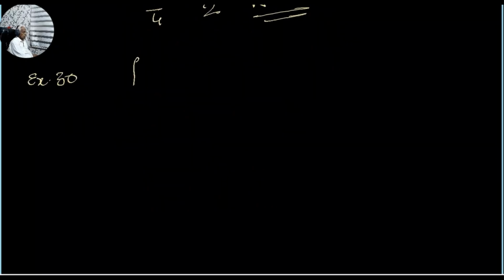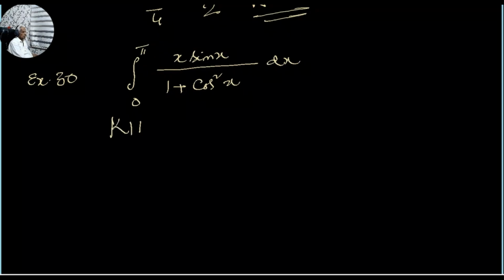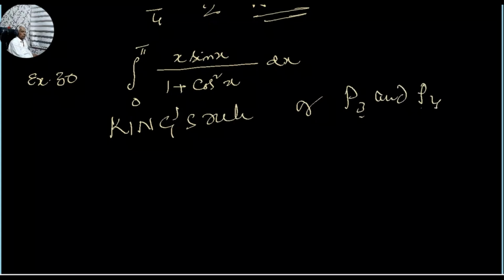Example 30. Integration from 0 to pi of x sin x by 1 plus cos square x dx. We have to apply King's rule, or P3 and P4. P3 and P4 both are the same, given in the NCERT textbook.